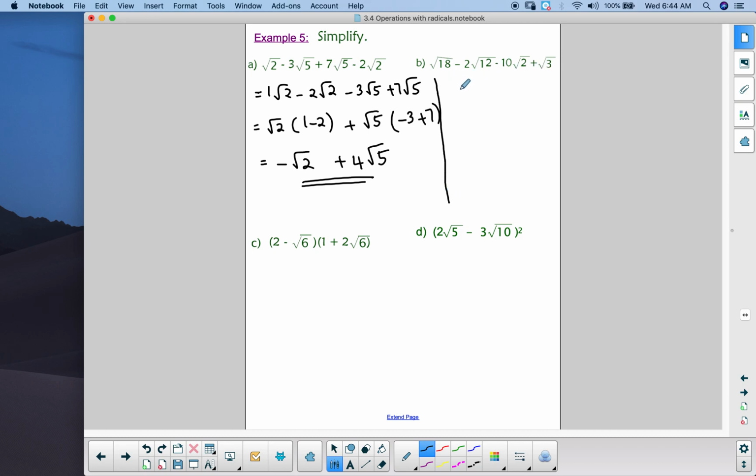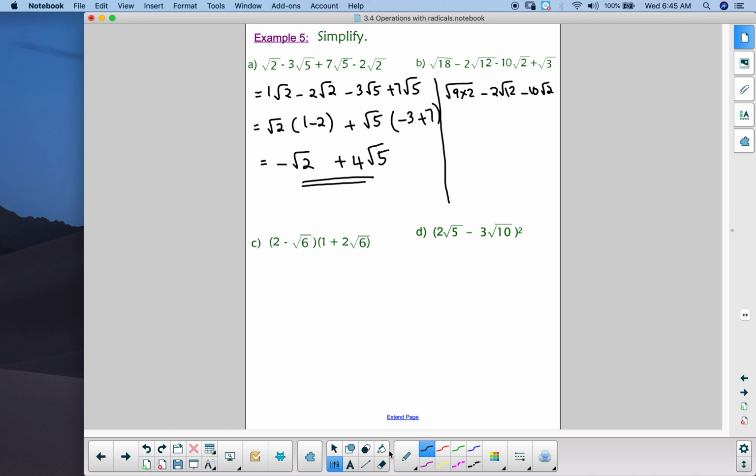I'm going to rewrite square root of 18 as root of 9 times 2 minus 2 root 12 minus 10 root 2.